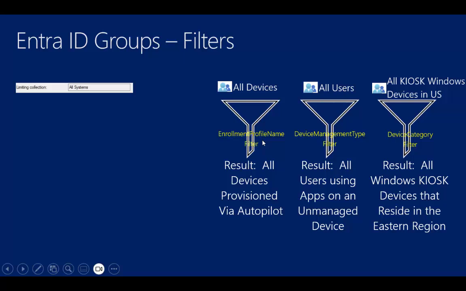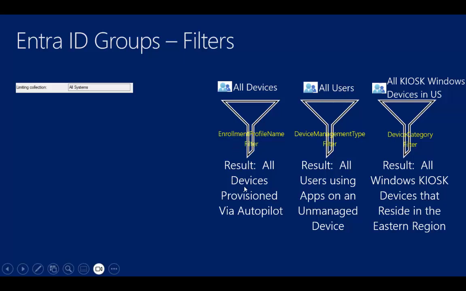In my example here, I'm just using enrollment profile name, which could apply to an Autopilot scenario, could apply to an Apple Business Manager scenario, whatever, right? And so by using the enrollment profile name, now we are actually not targeting all devices. We're filtering this list of maybe, say, 10,000 devices down to 150 devices or 500 devices.